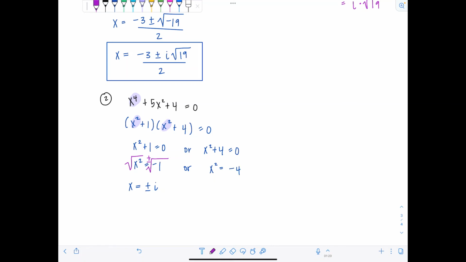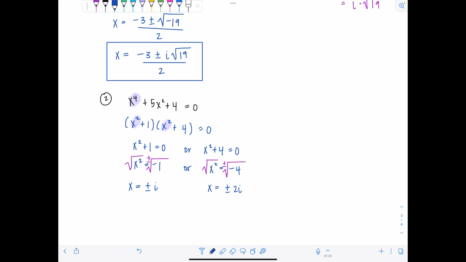And then same thing, take the square root of both sides, plus or minus. And then we have x equals plus or minus square root of negative 4. Just think to yourself, whatever the square root of 4 is, that's 2. Since there's a minus sign underneath the radical, you're just going to slap an i on there. So plus or minus 2i.